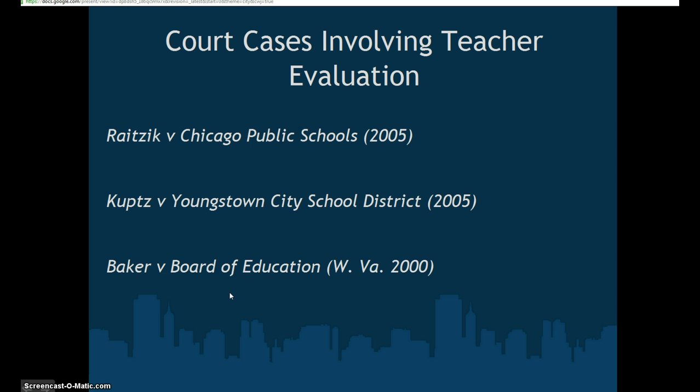The teacher was then given 90 days in this remediation plan to improve the instruction, and during that 90 days the teacher was observed several times and continued to struggle. After the 90 days she was recommended for termination due to the fact that she had not made satisfactory improvements. The courts upheld her termination because the district followed all approved procedures in accordance with state laws in her termination.